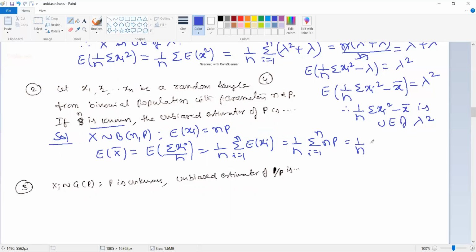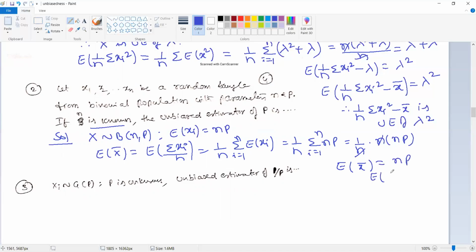So 1 by n into n times np. The n cancels, so the remaining part is np. n is the degree of the binomial, not the sample size. Don't confuse here. So E of X bar is equal to np.